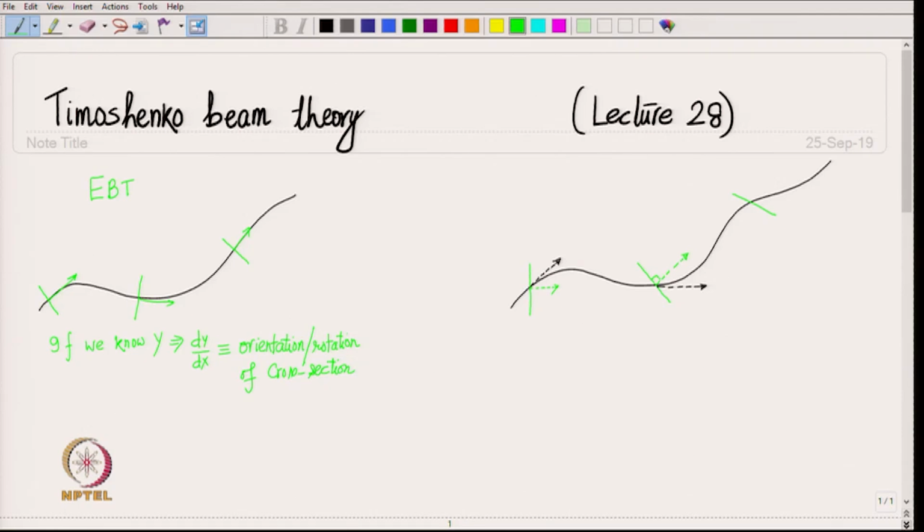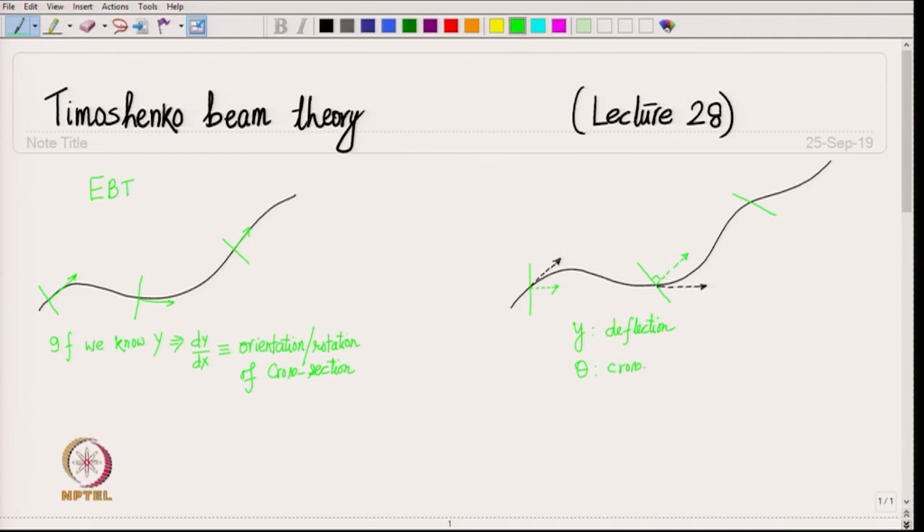Okay. So, we would like to know how we can account for this extra degree of freedom. Basically now we have the deflection y as well as the cross sectional rotation. Let us denote that by theta.